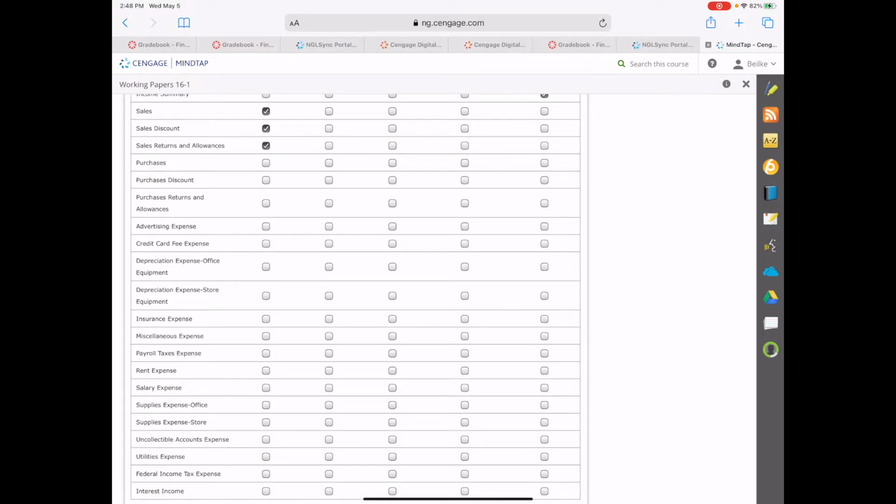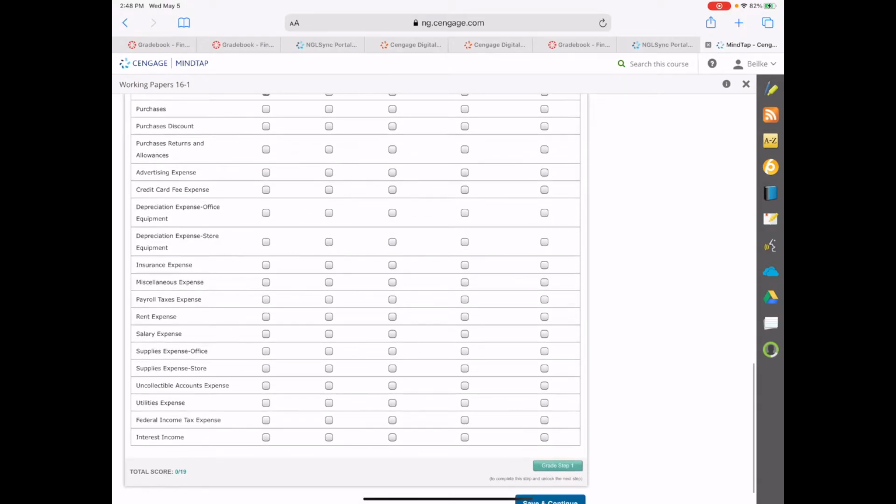Then our next group is purchases discount, and purchase return allowance. Remember, those are in our cost of merchandise section in our chart of accounts. So those will go in the column cost of merchandise sold. Missed that one. Okay. Then next we have a list of all of our expenses.